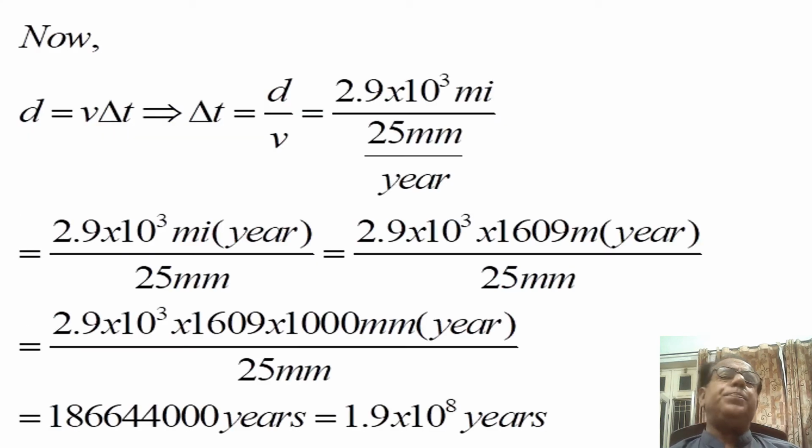Now we know that D is equal to V times delta T. This implies that delta T will become equal to D over V. In the next step, we will put the values of D and V, which are 2.9 times 10 raised to the power 3 mile over, in place of speed V, we will put 25 millimeter per year.